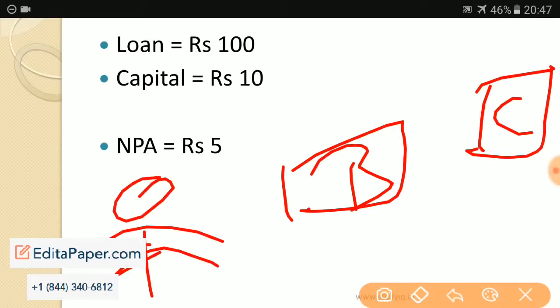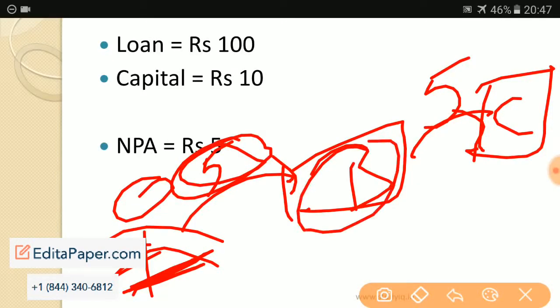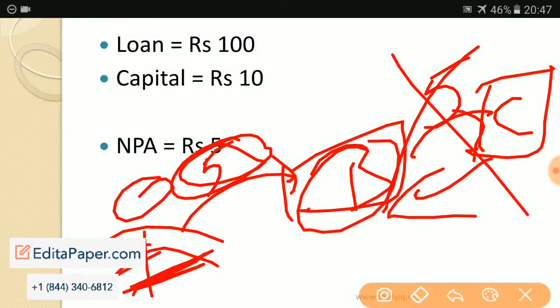Let us say this individual deposited 5 rupees in bank, and this bank gave a loan of 5 rupees to this particular corporate. Now, this person is the depositor, and these 5 rupees are the liability of this depositor on this particular bank. Now this corporate fails to return this 5 rupees back, so it turns into NPA.